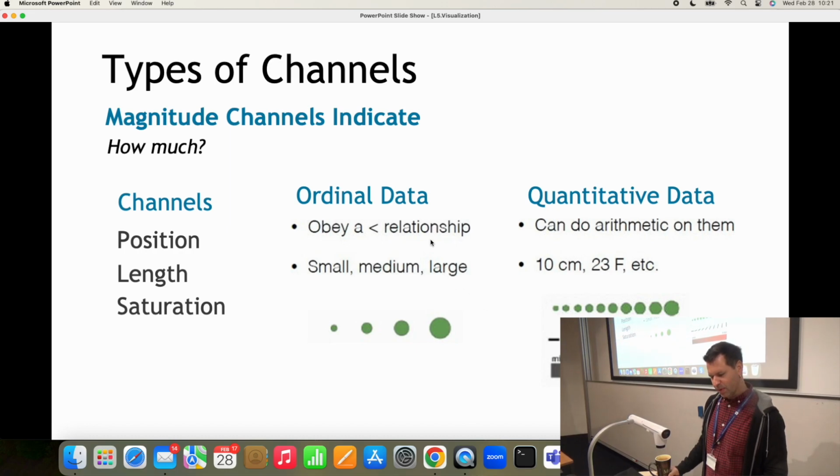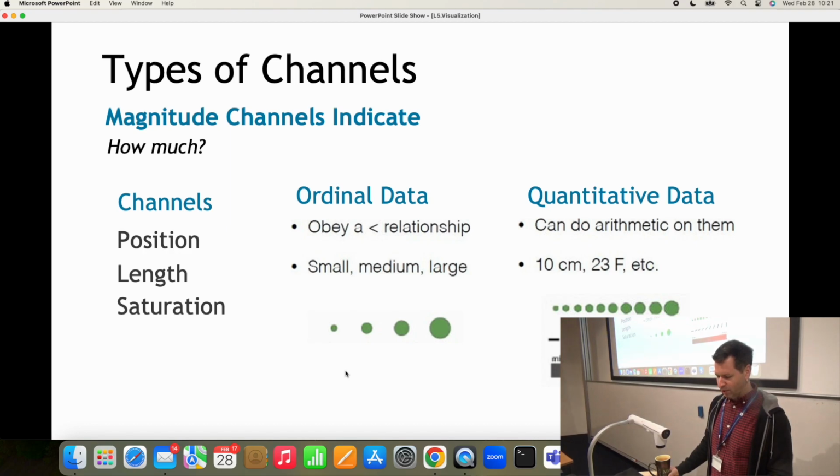So channels can be used to indicate quantities, how much of something is shown in the data, right? We can use position, length, saturation. That's color saturation, by the way. We can use channels to represent ordinal data, so something that's less than another thing, right? Small, medium, and large. Here, just the size is changing and the position.